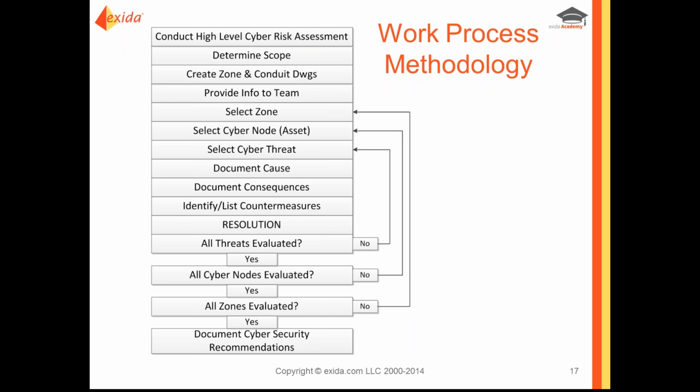And for each threat, you want to document the cause. The example was in the previous table: denial of service, loss of data, data corruption. You want to identify all those causes, document the consequences, identify any countermeasures, and come up with a resolution or mitigations for those countermeasures or as part of the countermeasures.